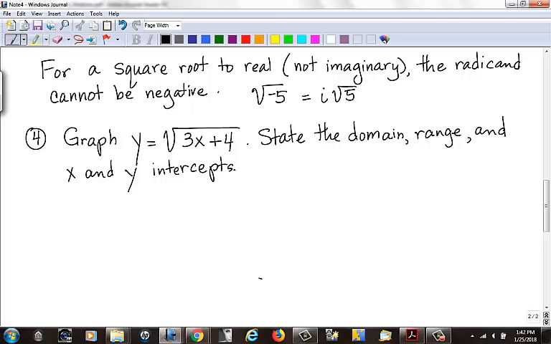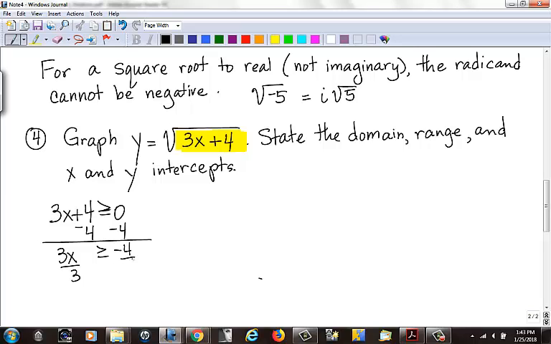First, to get your domain, anything that's negative in there is going to give you an imaginary number. So it's okay to have 0 in there. So take that and set that equal to 0. It's actually greater than or equal to 0 because it's okay to have a positive number in there. Set it greater than or equal to 0. Subtract 4. 3x is greater than or equal to negative 4.